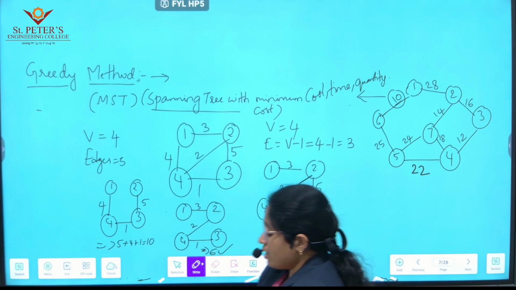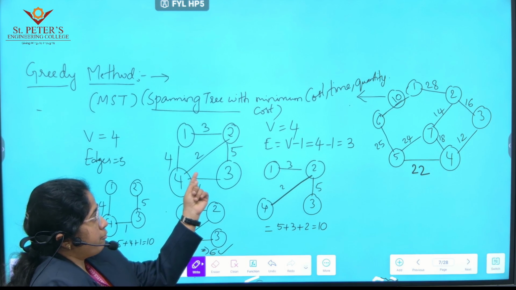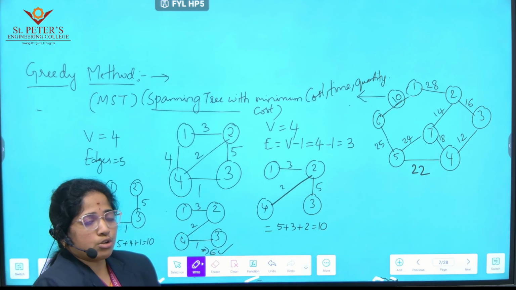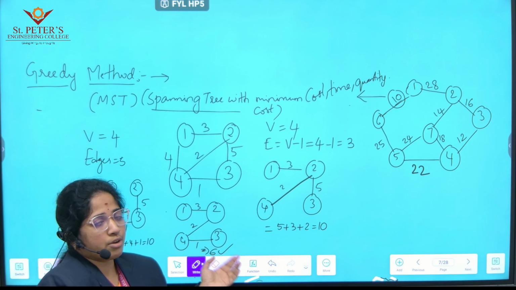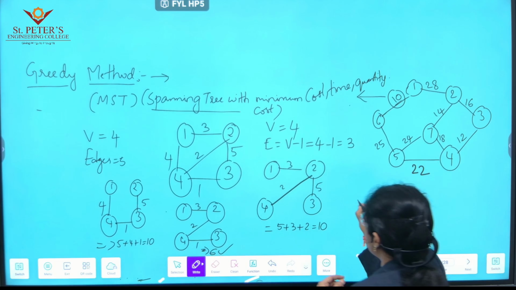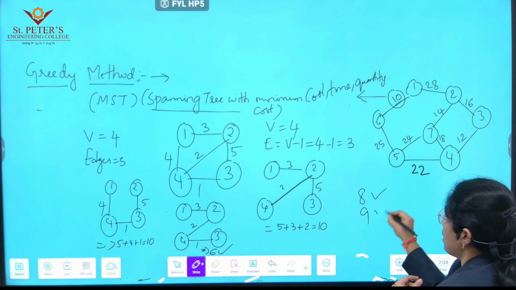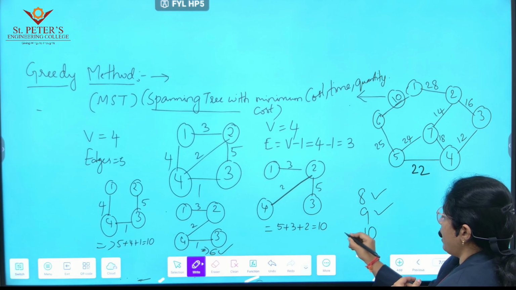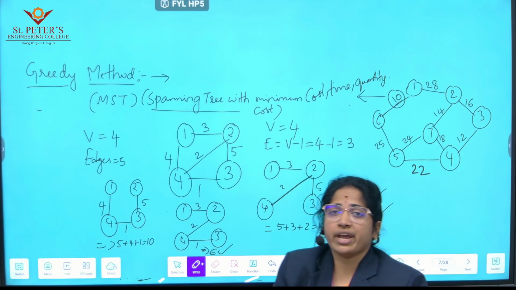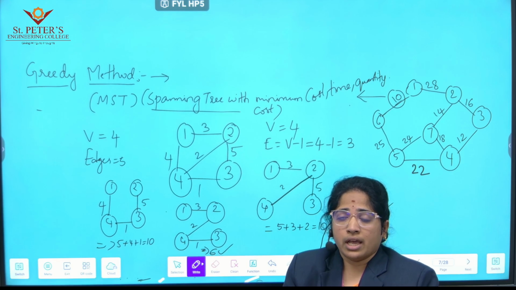When we have 4 vertices, it is easy to find and easy to draw, and we can draw all the possible cases. But if the graph consists of 8 vertices or 9 vertices or more, we are unable to draw the spanning trees very easily, and we are not able to find the solution quickly.